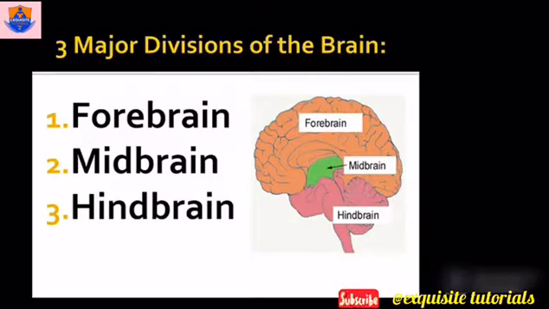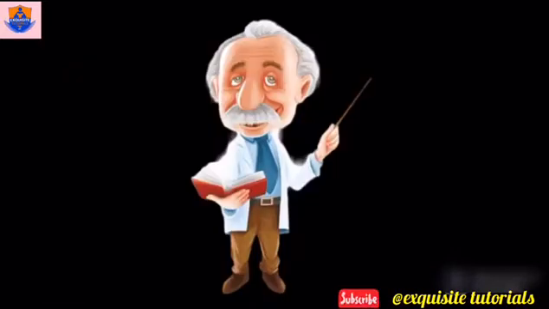The forebrain is the cerebrum, which is the largest part of the brain. Now the median fissure divides the cerebrum into two halves, and these two halves are connected by the corpus callosum.